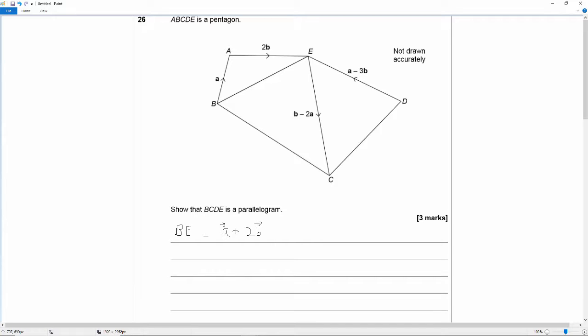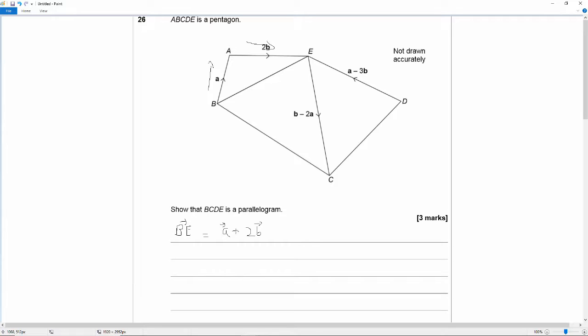Incidentally, it's conventional that when you type a vector, you type it bold, and when you handwrite a vector, you draw a little arrow over the top of it. So BE is equal to A plus 2B, because we're going up and then down that way. Okay, so that's BE.